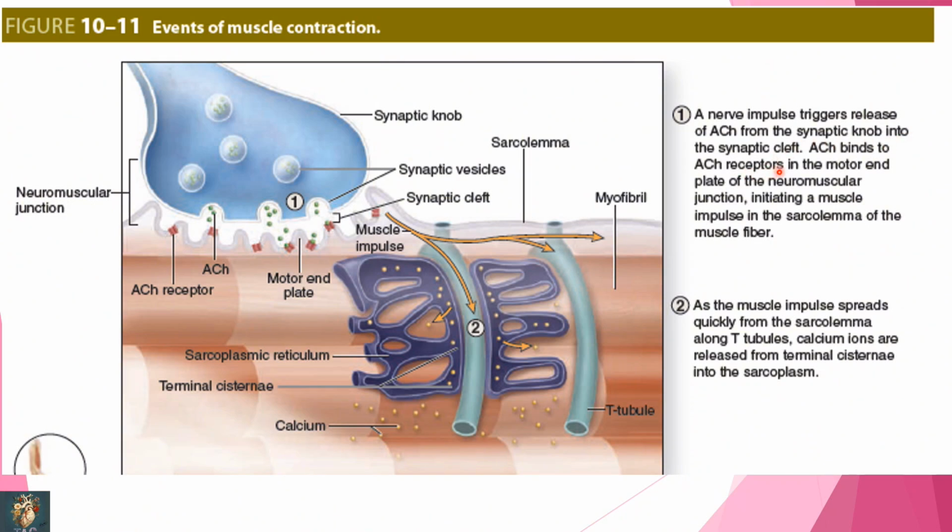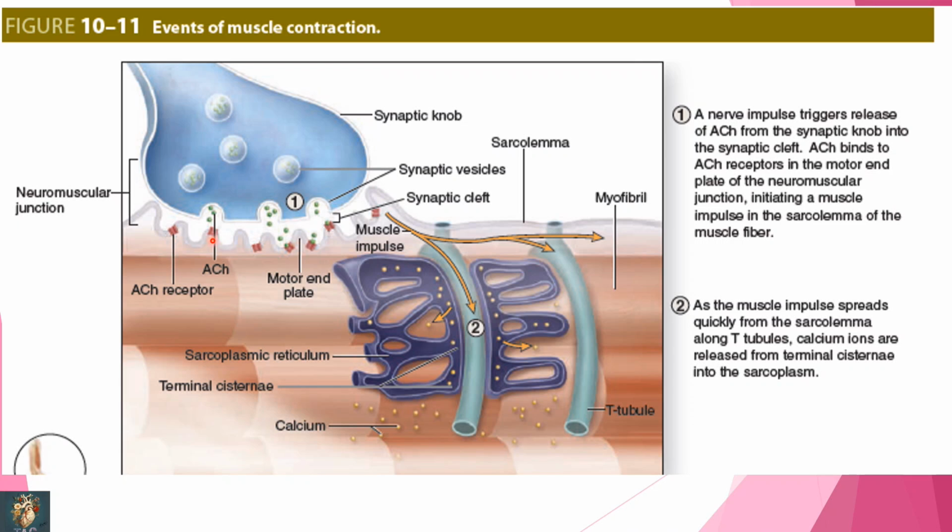The acetylcholine binds to acetylcholine receptors in the motor end plate of the neuromuscular junction, initiating the muscle impulse in the sarcolemma and the muscle fibers. So here you can see this is the neuromuscular junction.